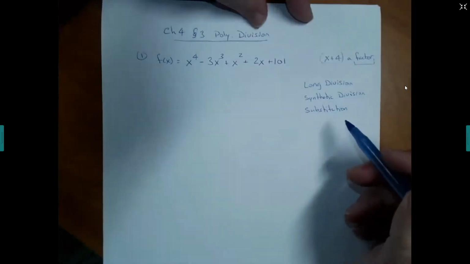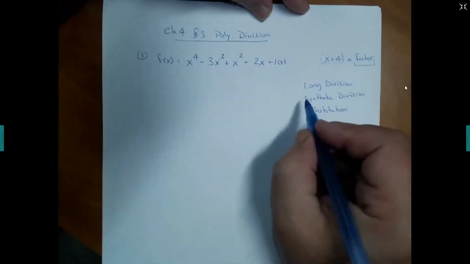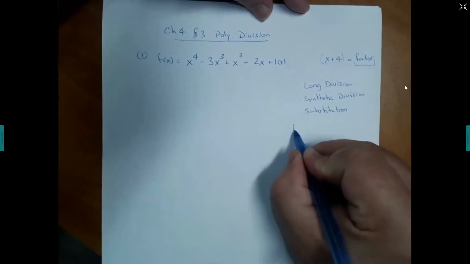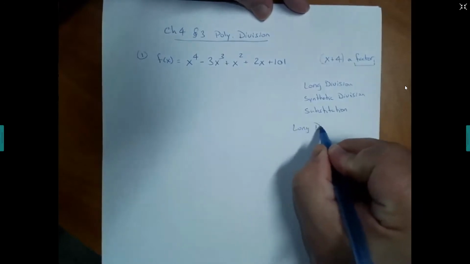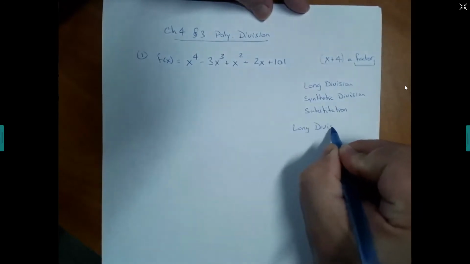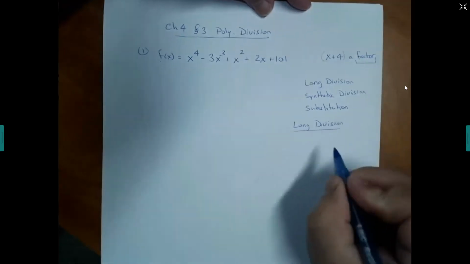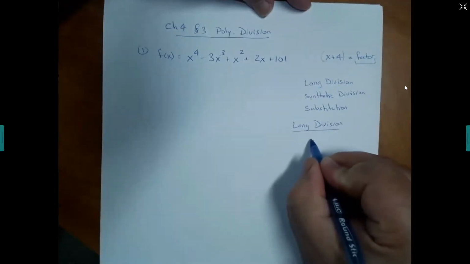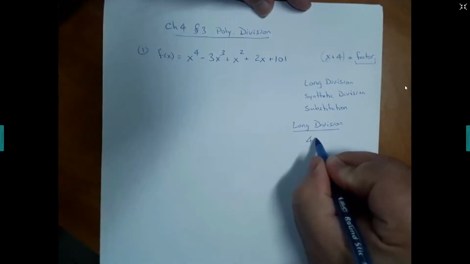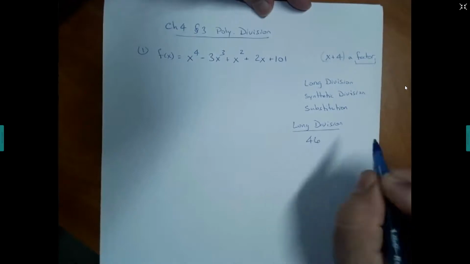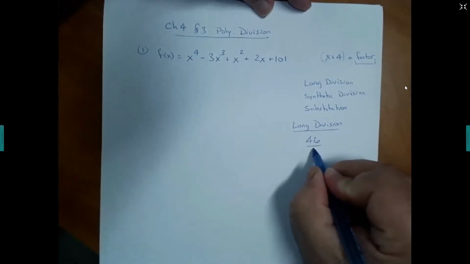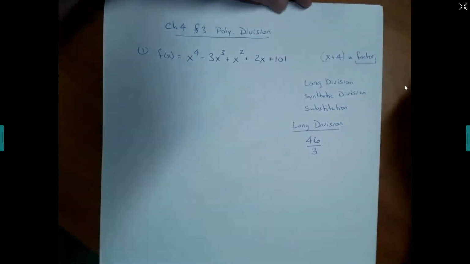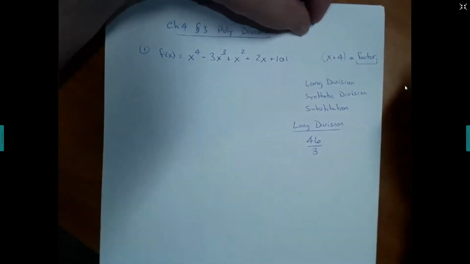So let's look at long division. Let's review long division. 45 divided by 3.